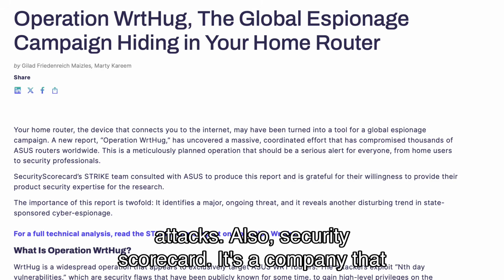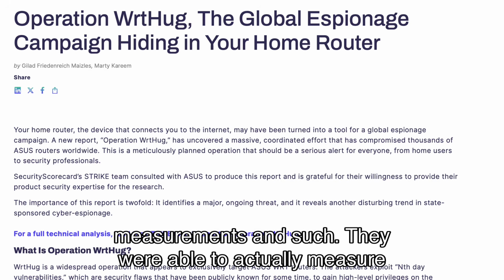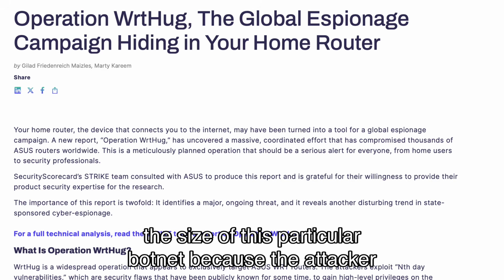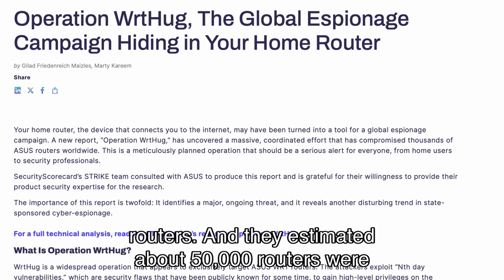Also, SecurityScorecard is a company that scans the internet for attack surface measurements and such. They were able to actually measure the size of this particular botnet because the attacker did install a very specific certificate on these routers, and they estimate about 50,000 routers were affected by this attack.